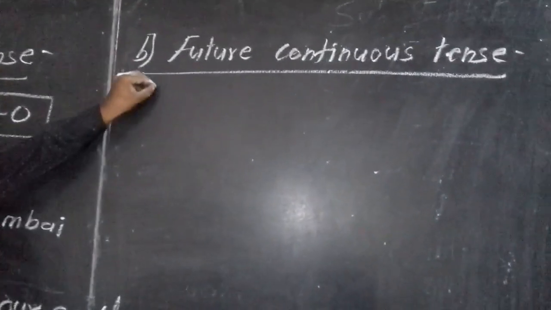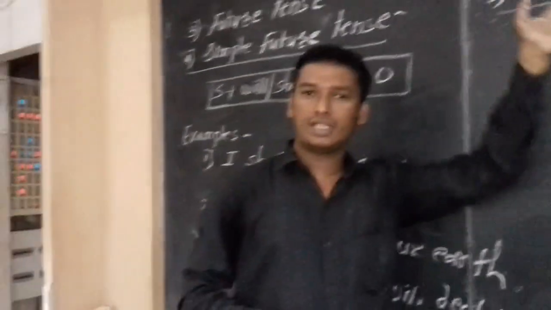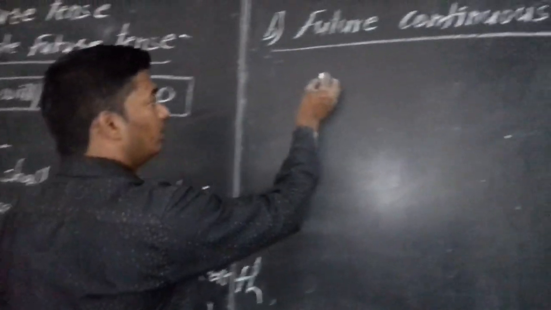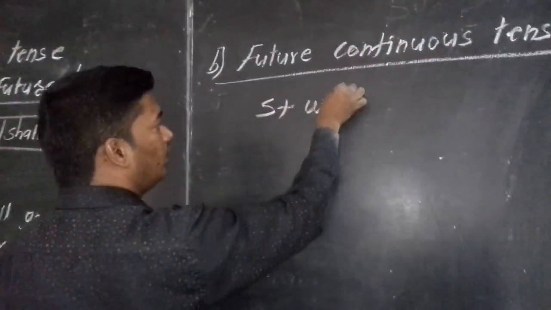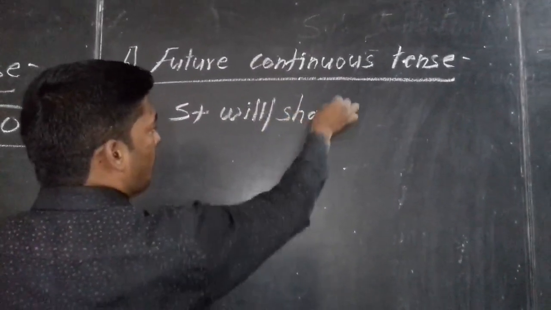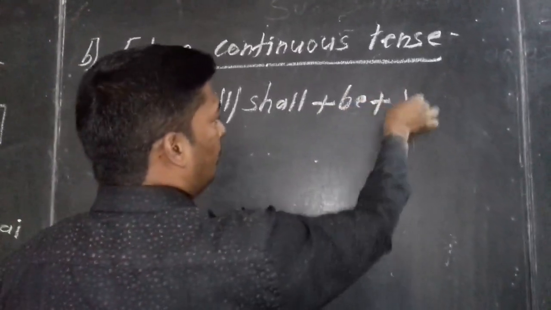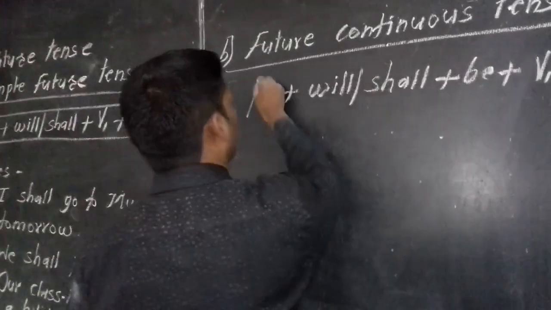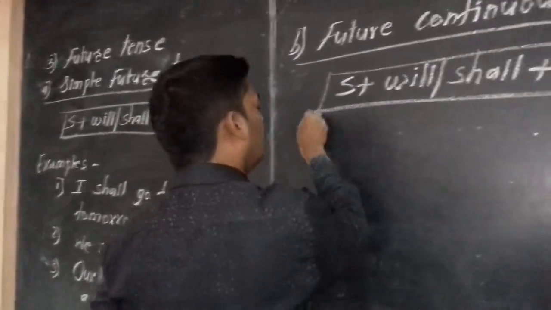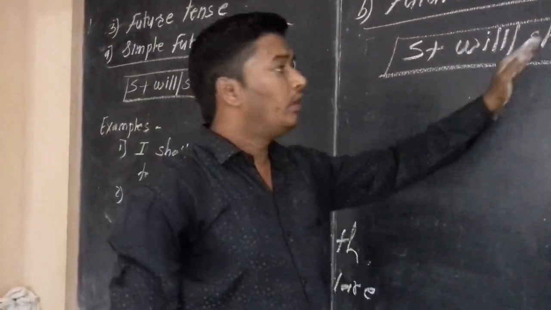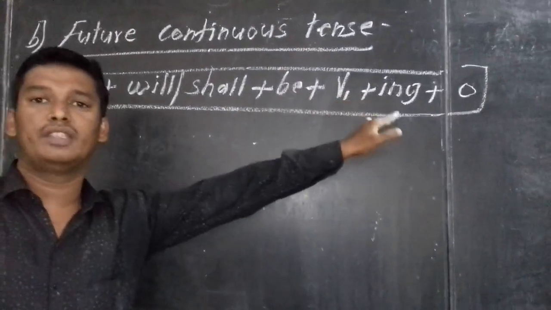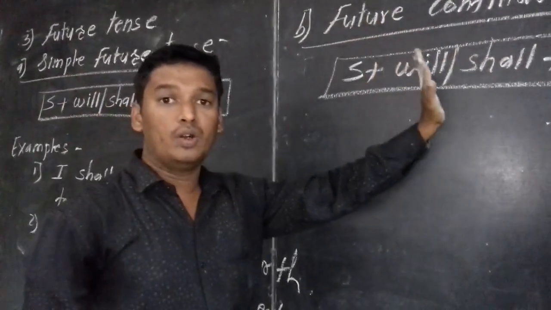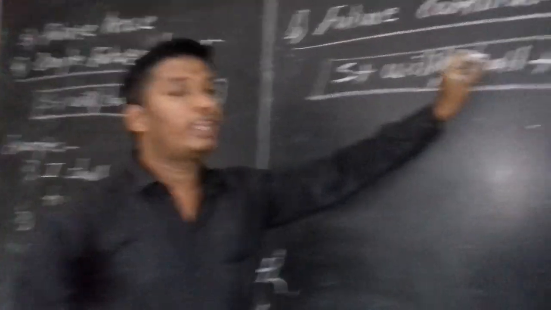Look, the structure of future continuous tense, for the action which would be going on in the future: subject plus will or shall plus be plus V1 plus ing plus O. After the auxiliary verbs, we need to take be.